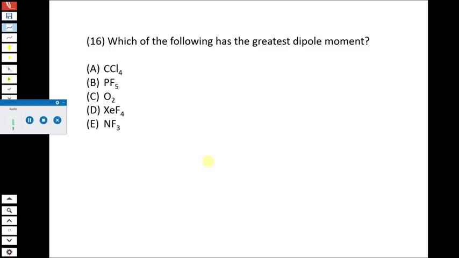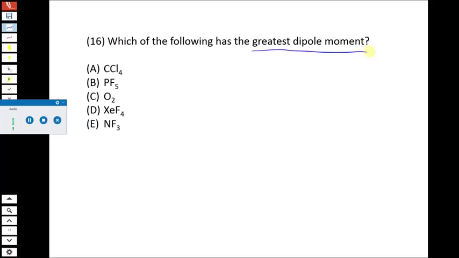So here we're looking for the one that has the greatest dipole moment. So you might be thinking, oh no, I have to figure out how to rank these, which one is more polar, which one is less polar. But I would say 99% of the cases, as we'll see here, as long as you can tell us whether it's polar or non-polar, that's all you need to know to answer the question. Ranking the polarities is not something that's going to almost in every case come into play.